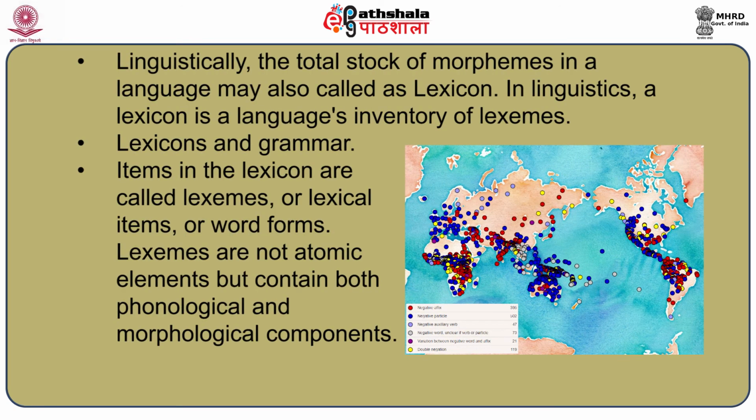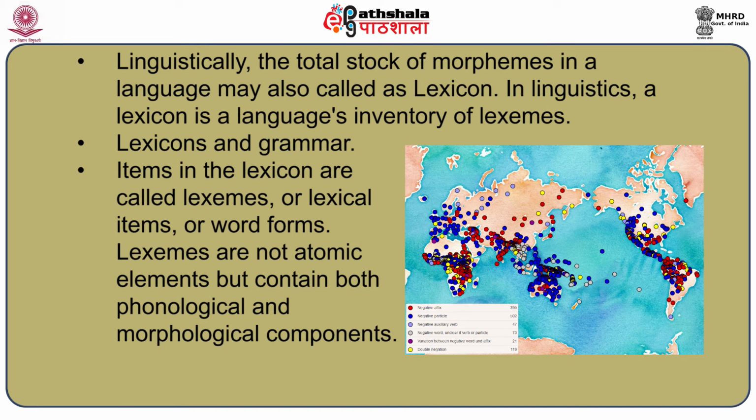For instance, the total words used by Rabindranath Tagore in his entire writing may be considered as the Tagore lexicon. Similarly, the entire lexical stock used by Shakespeare may be treated as the Shakespeare lexicon, or the list of terms used in computer science may be considered as the computer lexicon. Linguistically, the total stock of morphemes of a language may also be called a lexicon.